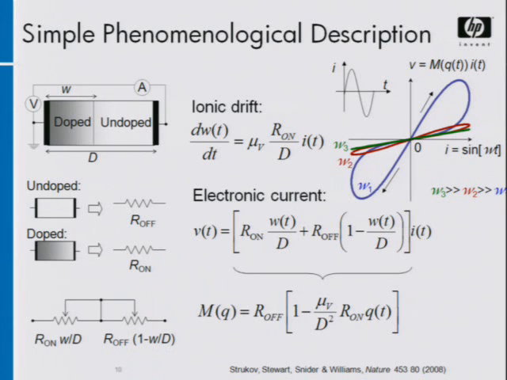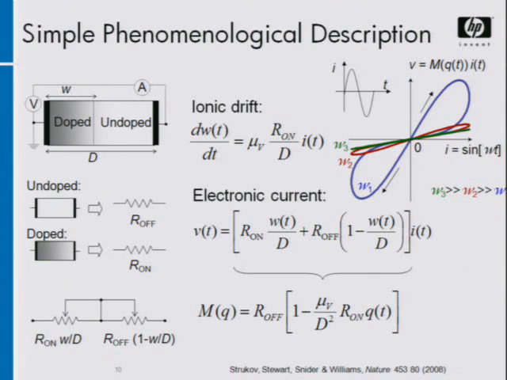And now we have two equations. I've got an equation which describes the current voltage characteristic, or the instantaneous quasi-static current voltage relationship at any point in time, depending upon where the dividing line is between the stoichiometric and non-stoichiometric material. And then I have another equation which tells me what the drift velocity is.